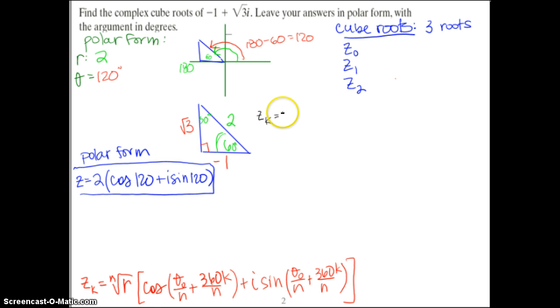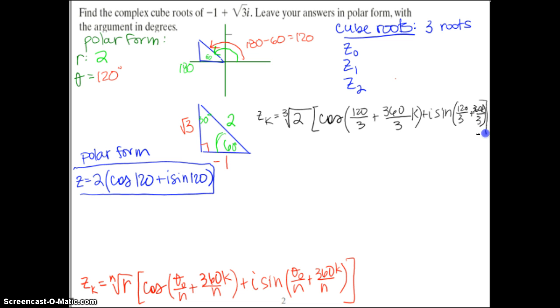Z sub k is gonna be equal to the nth root, and n is 3 because it's a cube root. The cube root of r, which is 2, parentheses, cosine of theta sub 0, which is 120, over n, which is 3, plus 360 over n, times k, plus i sine 120 over 3 plus 360k over 3.